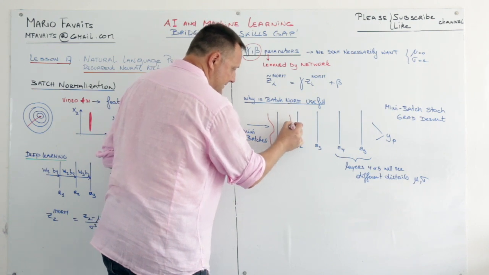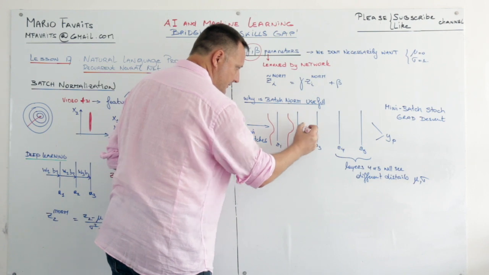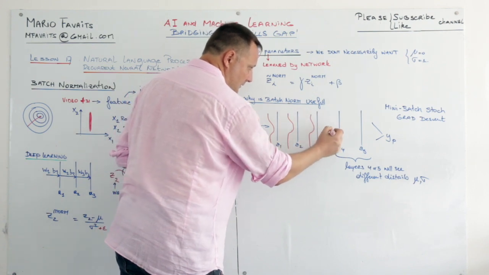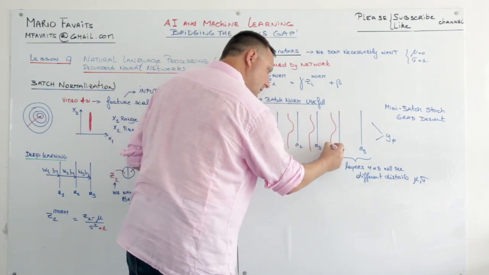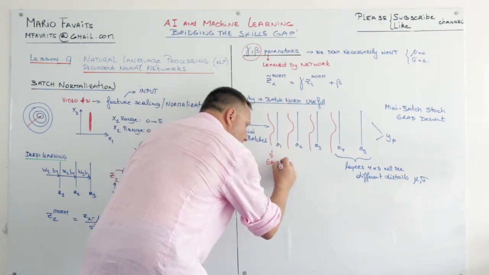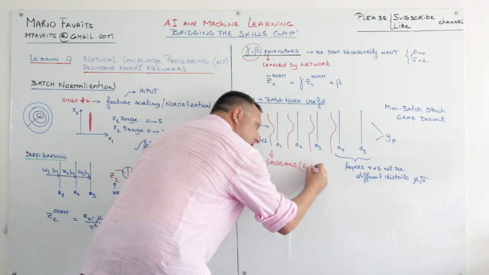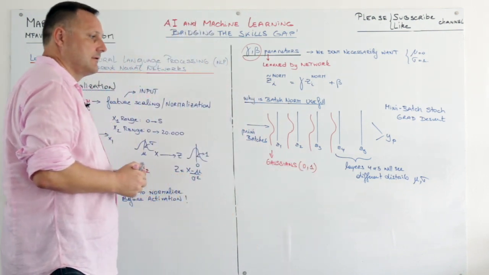Now what you can do is make sure that the distributions coming in are all nice Gaussians. These are then Gaussians with mean 0 and standard deviation of 1.